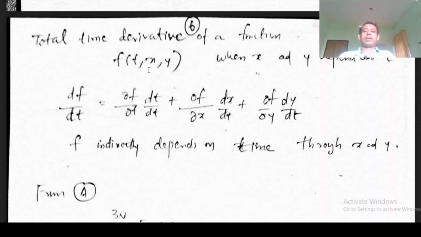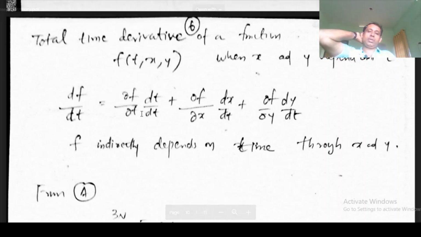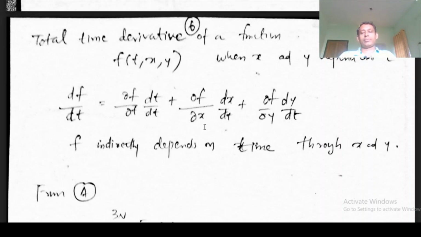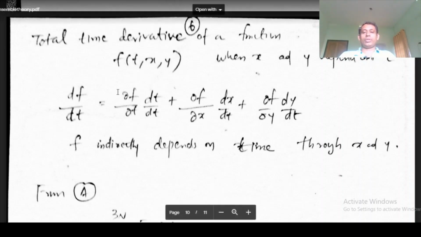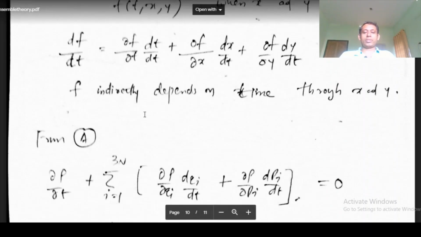So as I take the total time derivative of this function, dρ/dt is equal to ∂ρ/∂t plus ∂ρ/∂qi dqi/dt, that is qi dot, plus ∂ρ/∂pi dpi/dt, that is pi dot.